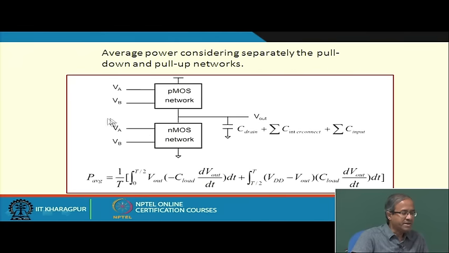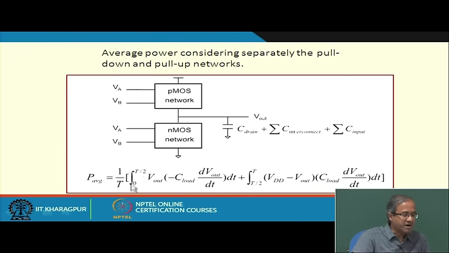I am assuming that in every cycle, which is 0 to capital T, the output is being switched from, let us say, 0 to V out and then from V out to 0. That means one is charging and discharging. So, I am showing the average power consumption, 1 by T, in two parts.